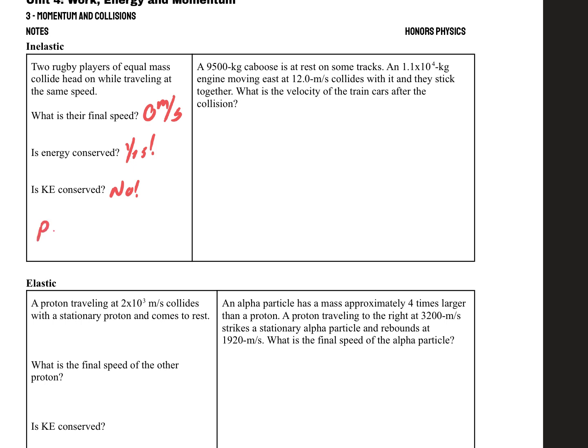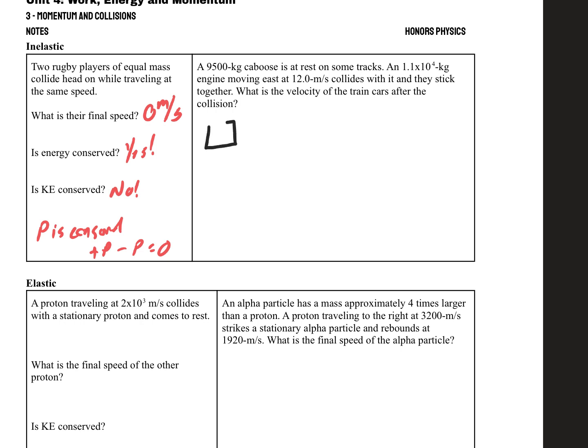Momentum is also conserved, right? We have some positive momentum going that way, minus that same initial momentum, we end up getting 0. So here's an example of these things that stick together.